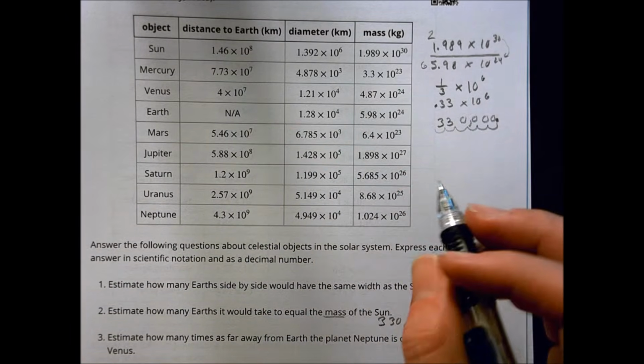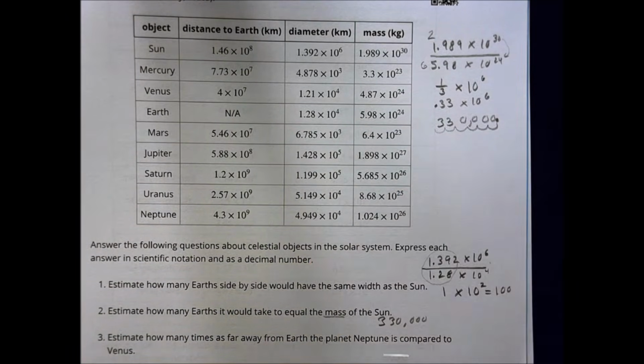Neptune is here at 4.3 times 10 to the 9th, and Venus is here at 4 times 10 to the 7th. So about how much farther is that going to be? Well, the 4s are about the same, so I'm really comparing 10 to the 9th to 10 to the 7th. The difference is about 10 to the 2nd. 9 minus 7 is 2, and 10 to the 2nd is 100, so it's about 100 times further.